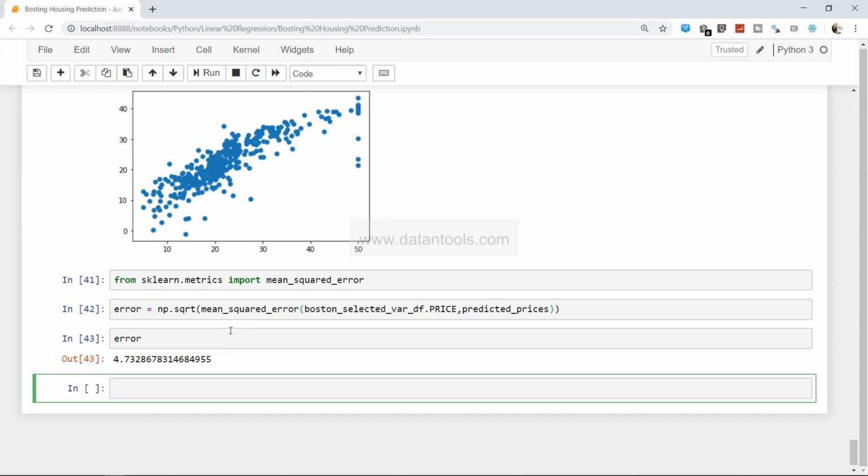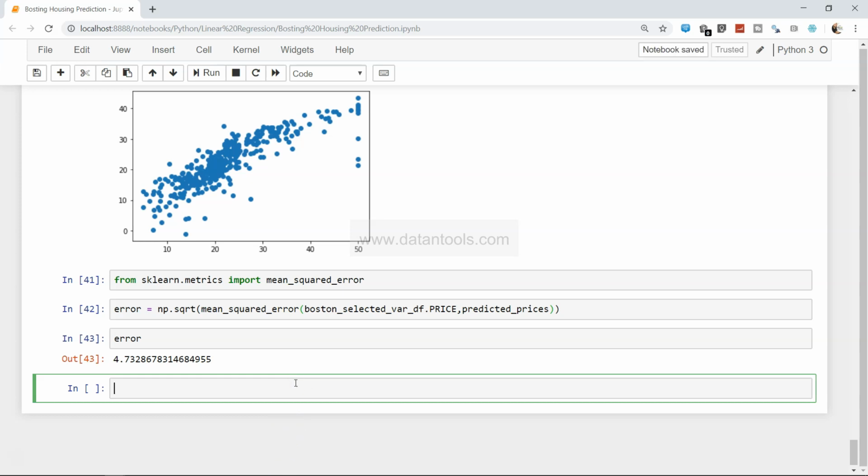That means the model has not seen unseen data.